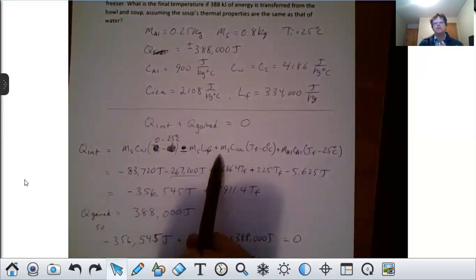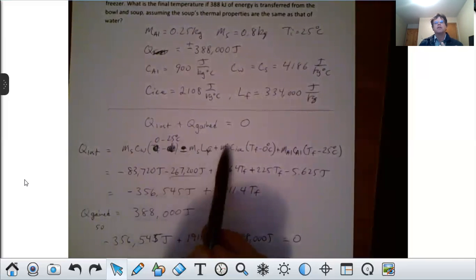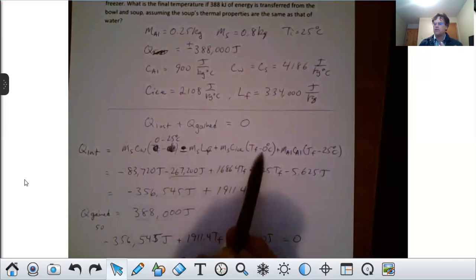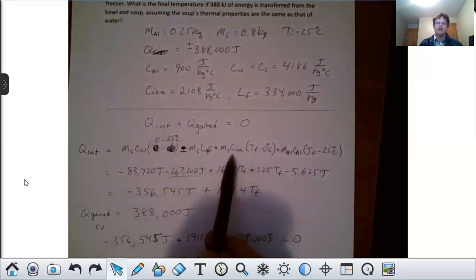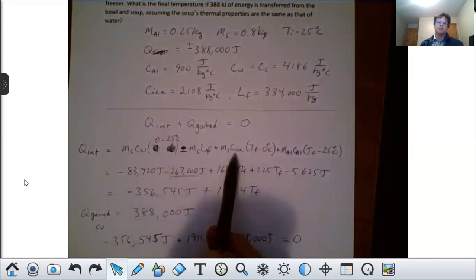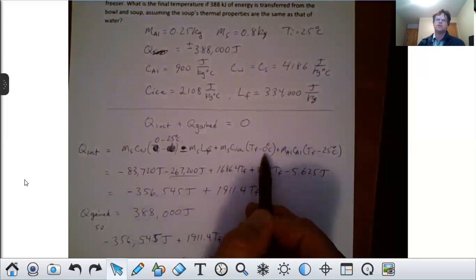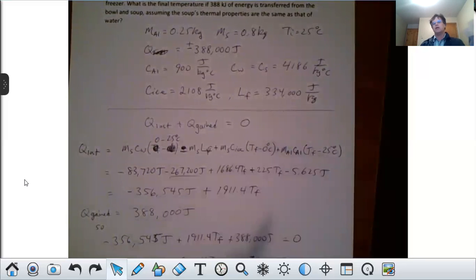Okay, so once I've got the soup down to 0 degrees Celsius, then it freezes, then I can go even lower. And so I've got an MC delta T for ice. Mass of whatever the soup was, it's now turned to ice, so I use that specific heat. But I don't know the final temperature. I know that it starts from 0 and then goes down to whatever final temperature below the freezing point it gets to.